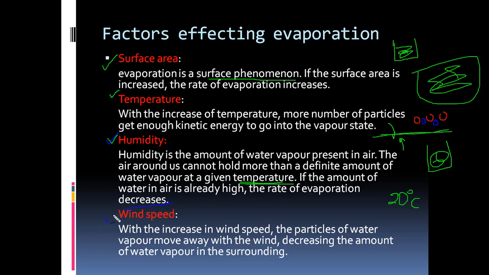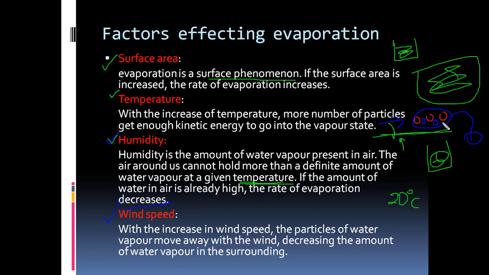Now, wind speed. With the increase in wind speed, the particles of water vapor move away with the wind, decreasing the amount of water vapor in the surroundings. Suppose in this direction wind is flowing, so here the water particles are getting evaporated and getting deposited in this region. As the wind is flowing, the water particles are moving away from here to any other region.